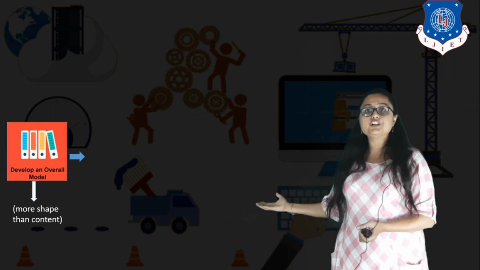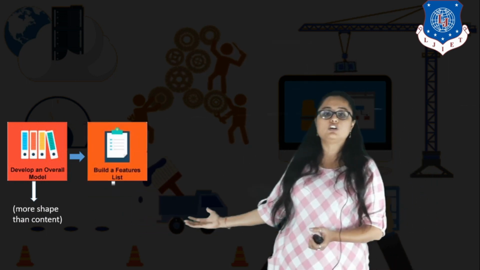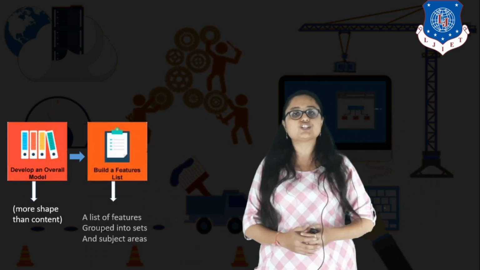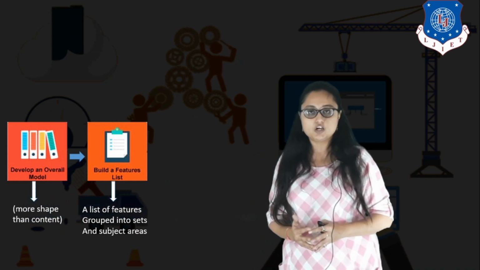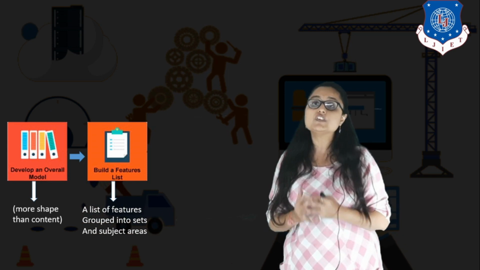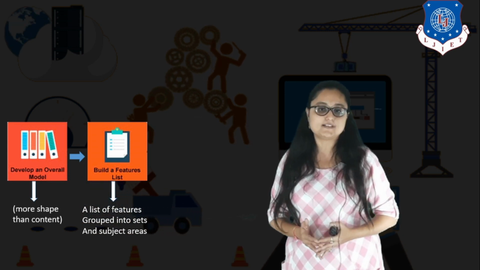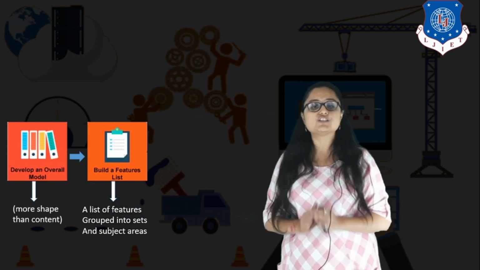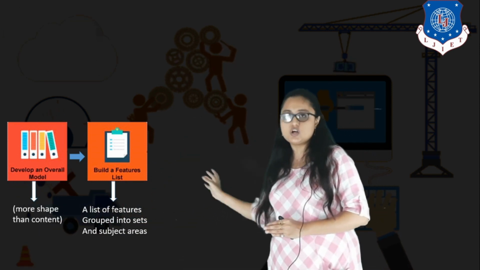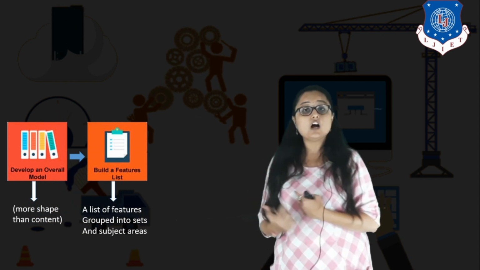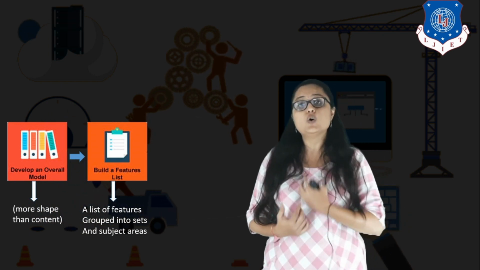The second thing after developing an overall model is you are building a features list, because as the name suggests, this is feature driven development. So the main focus is on the features that the customer is requesting. A list of features is grouped, and because we have small domain models in the first phase, now we are going to go into the details.